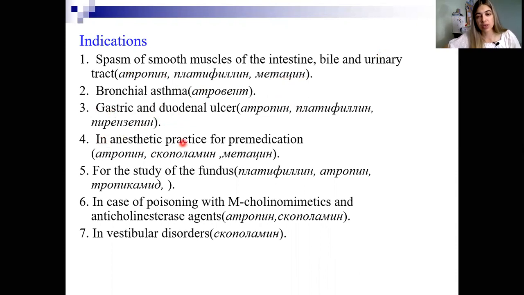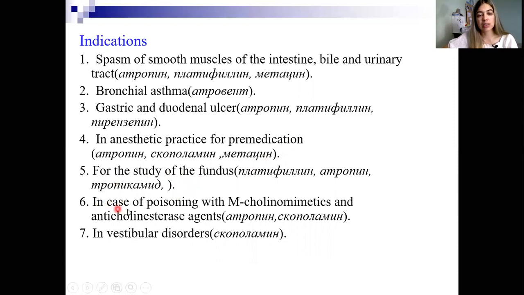In anesthetic practice or pre-medication, why? Because it stops the effects of different glands, of GIT, and so on. So in surgery, it is useful. For the study of the fundus, yes, this is for the eye. If you want to see what's going on in the backside of your eyeball.